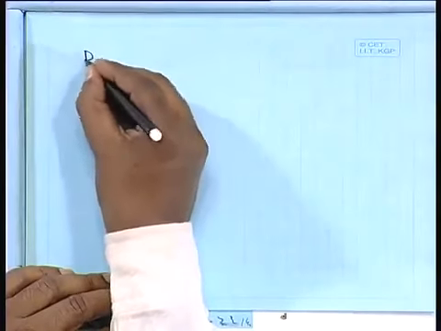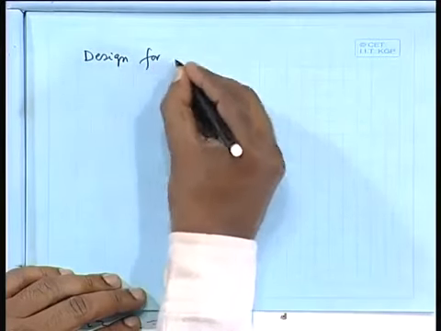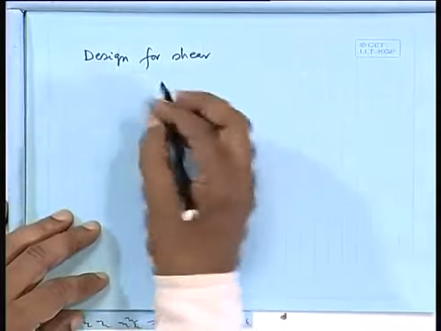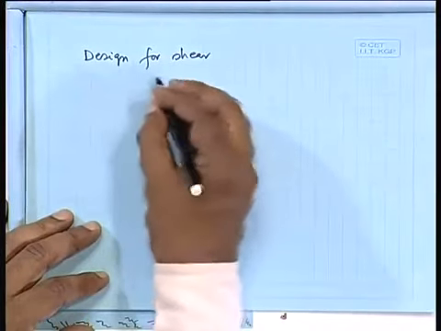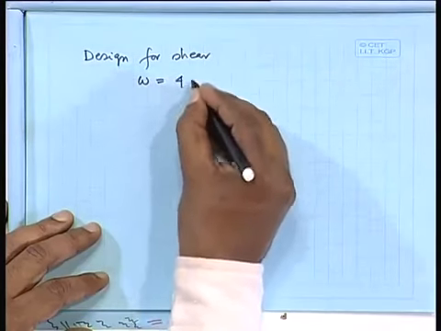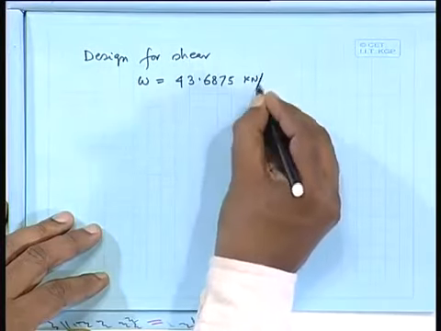So what about now the stirrups? So design for shear, that we have to provide this web reinforcement. So we have got that W equal to 43.6875 kilonewton per meter.